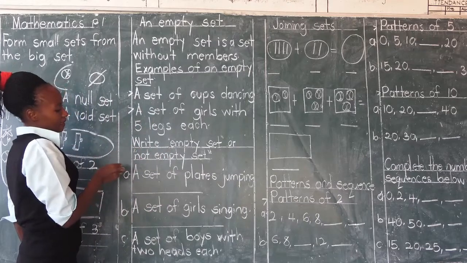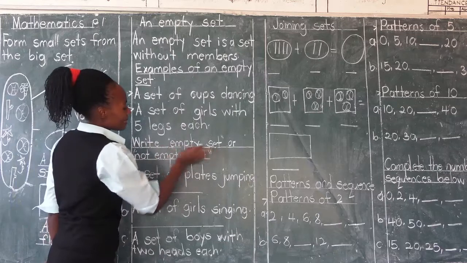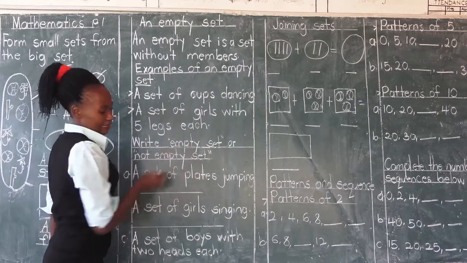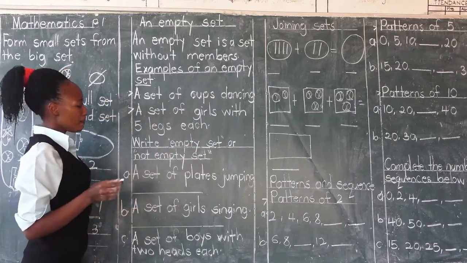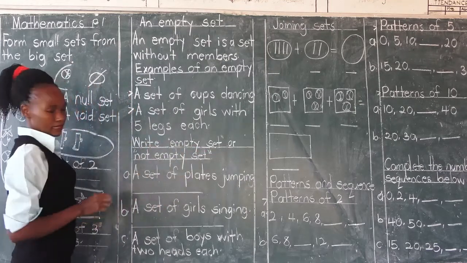Now let's look at this activity under the empty sets. We have here, write empty set, and we've said an empty set is a set without members. Now here, write empty set or not empty set.